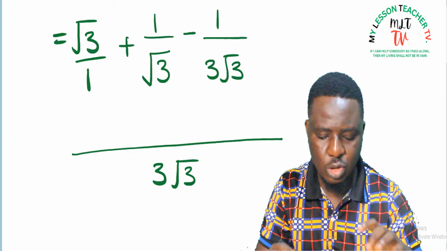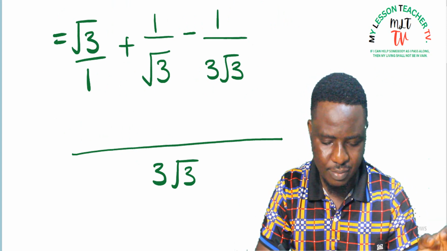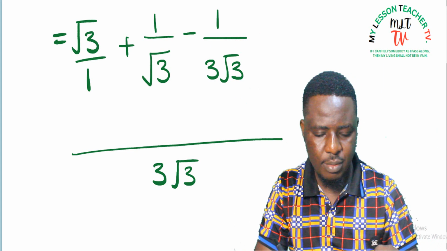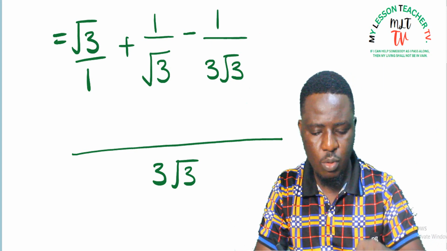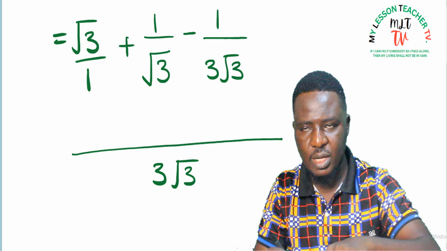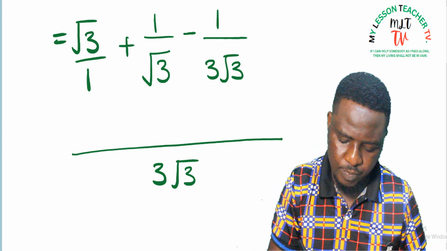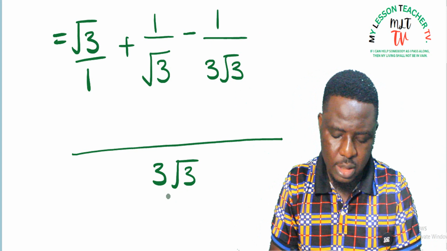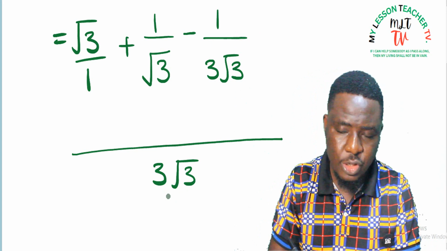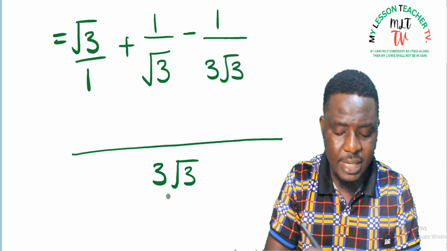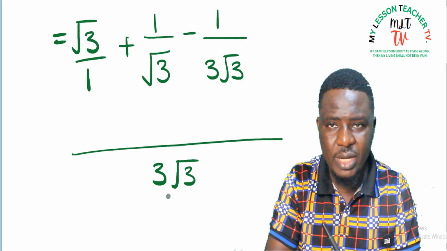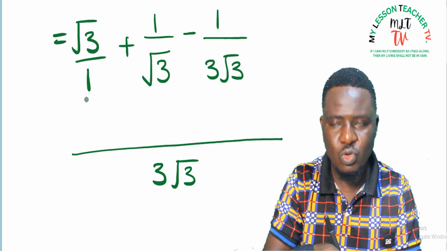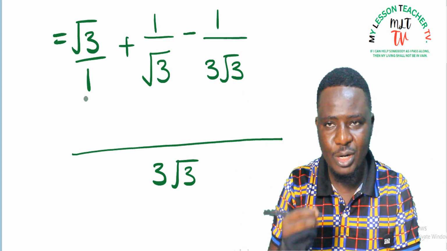So I'll be a bit slow in solving this. Okay, so we have root 3 over 1 plus 1 over root 3 minus 1 over 3 root 3. Now, the LCM I said is 3 root 3. Now, divide the new denominator by the old denominator. The answer you get, multiply it by the old numerator, it gives you a new numerator.